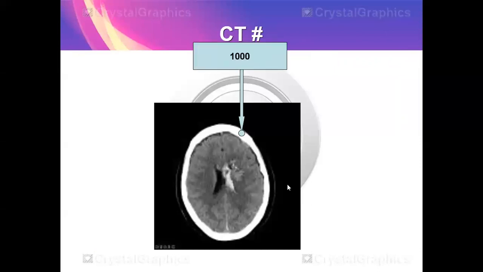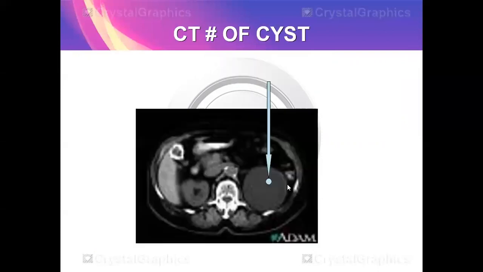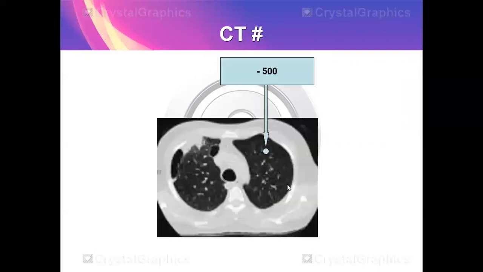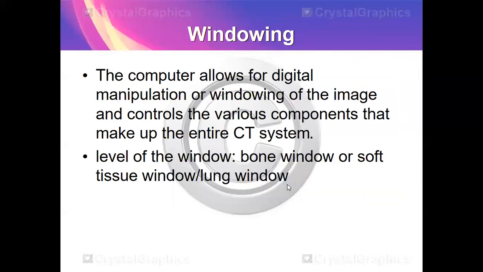So CT number for bone is 1,000. For CSF, that is negative 500, and so on. So next term is the window width. The computer allows for digital manipulation of window width.